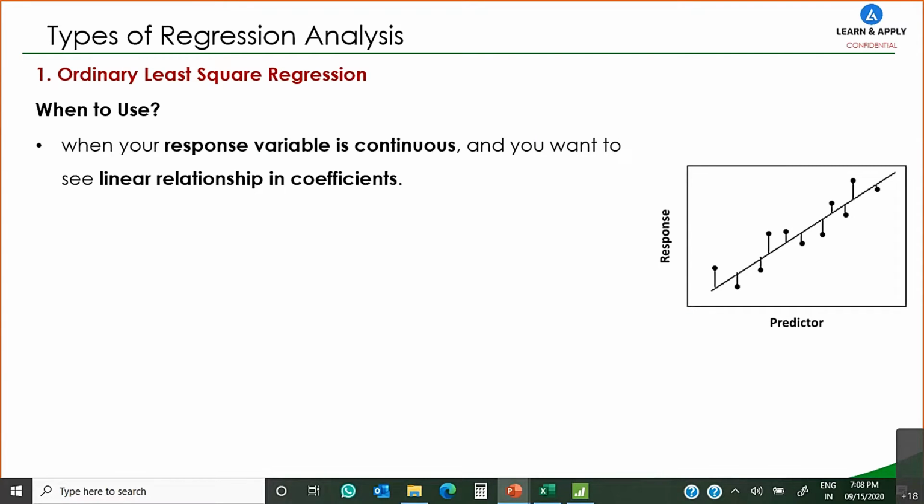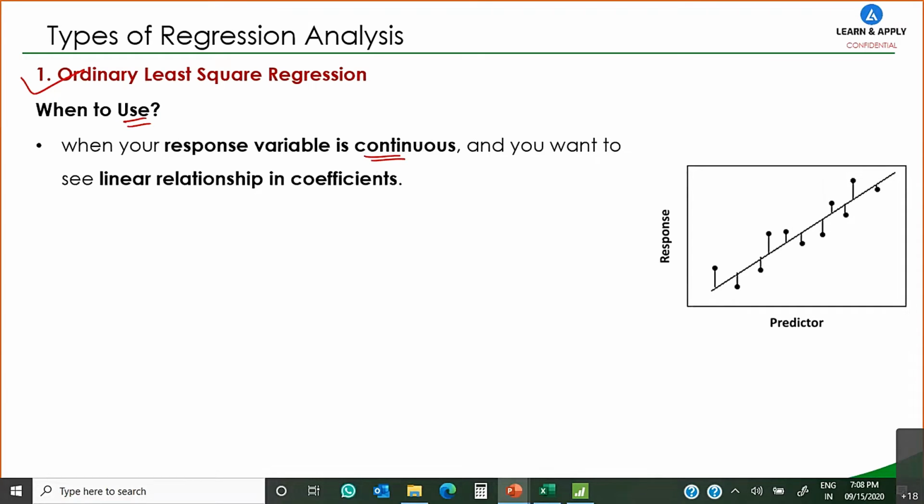In regression analysis, there are multiple types available. Generally there are 5 types of regression analysis. The most used type, which we use in day-to-day life, is ordinary least square regression. This is the most used and most practical type of regression analysis. When do we use it? When our response variable is continuous. What is meant by continuous?